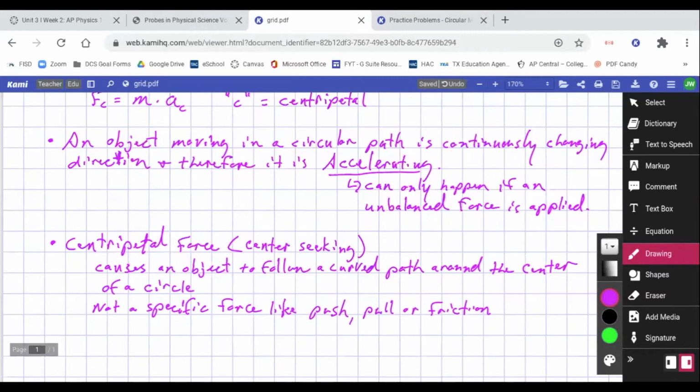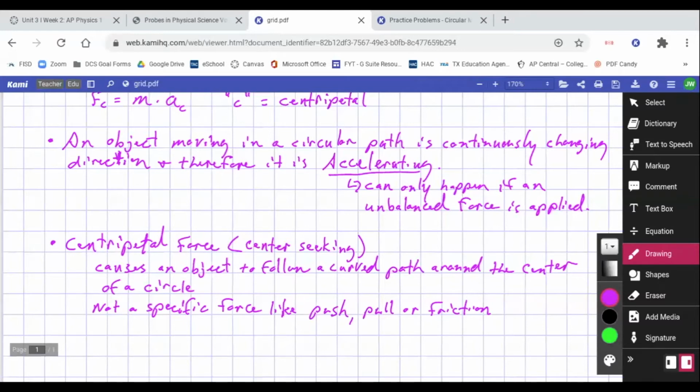It's not always the same thing. It's any force that's pulling us inside that circle, any force that's keeping us in that circular path. Any force that's present going in that direction, we're going to call centripetal force, because it represents the sum of all forces causing the object to move in a circle.